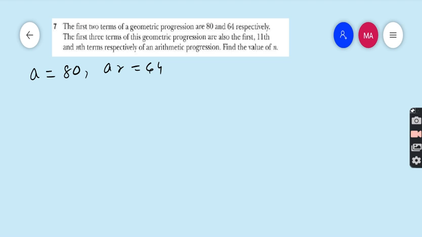What does it mean? First I am writing geometric and arithmetic. The first term of geometric, that is a. The first term of arithmetic is also given as a. Okay.